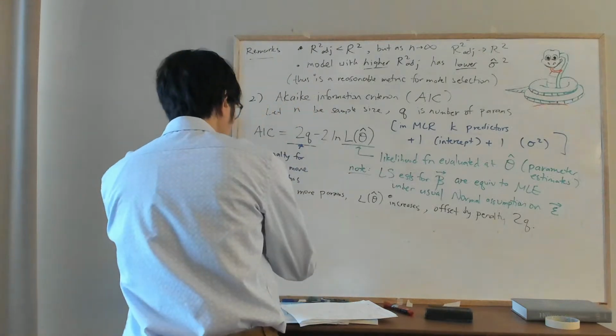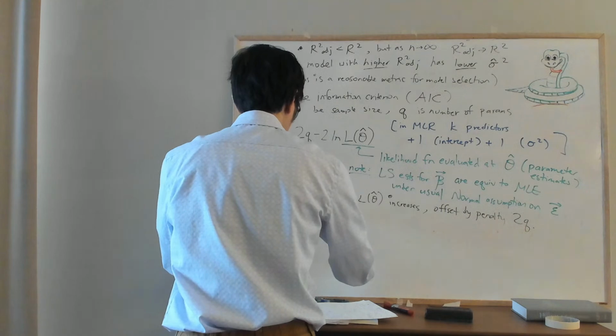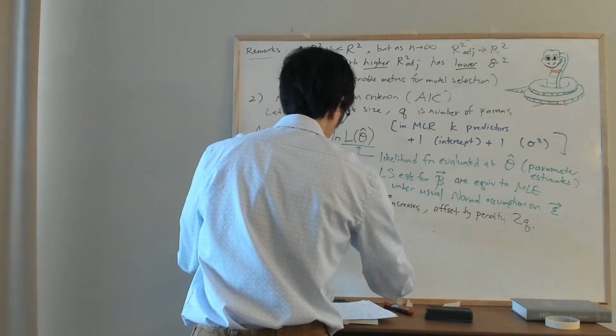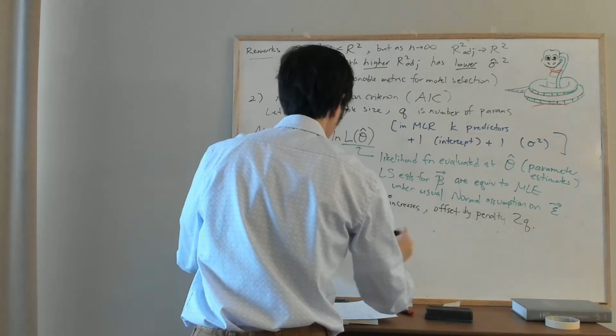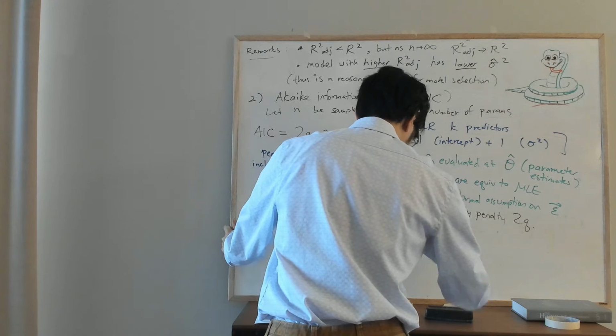What this tells us is that the model with the lower AIC is better, or preferred.